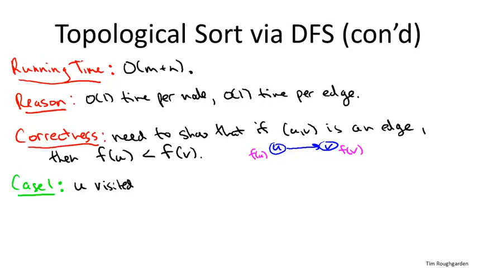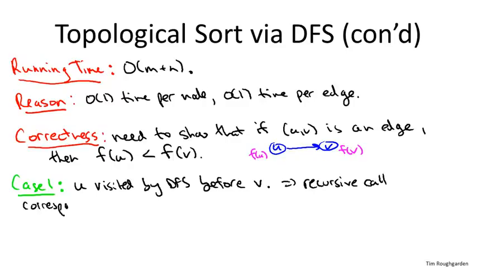So then what happens? Well, remember what depth first search does. When you invoke it from a node, it's going to find everything findable from that node. So if U is visited before V, that means V isn't yet explored. So it's a candidate for being discovered. Moreover, there's an arc straight from U to V. So certainly DFS invoked at U is going to discover V. Furthermore, the recursive call corresponding to the node V is going to get popped off the program stack before that of U. The easiest way to see this is just to think about the recursive structure of depth first search.